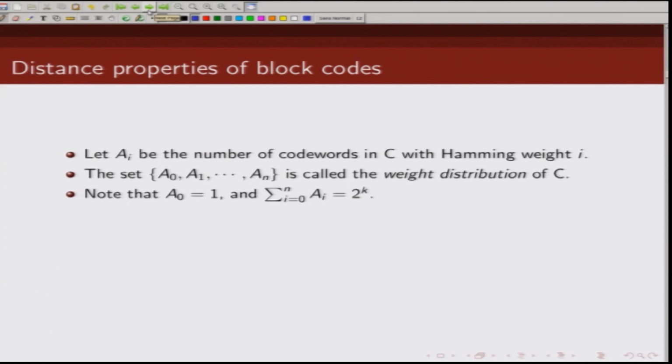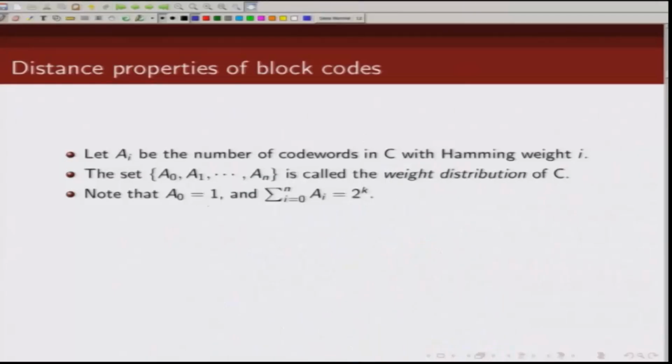Since a linear block code will have an all 0 code word, A0 will be 1, and the sum of all these A_i should add up to the total number of code words, which is 2 to the power k.